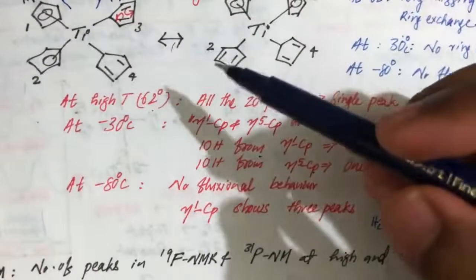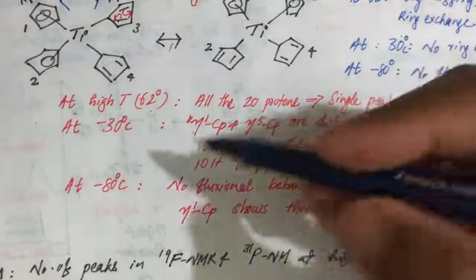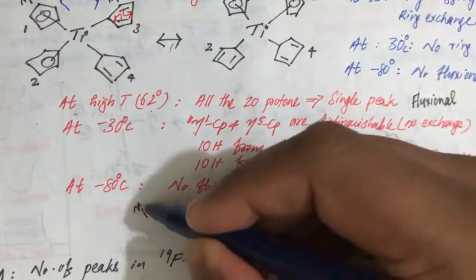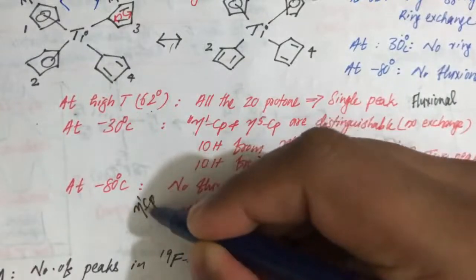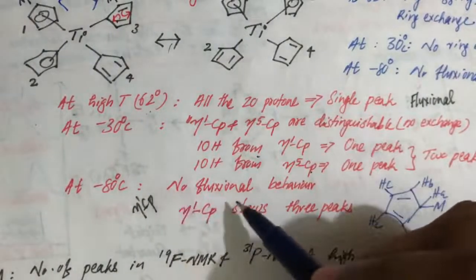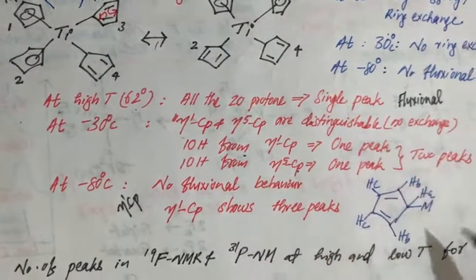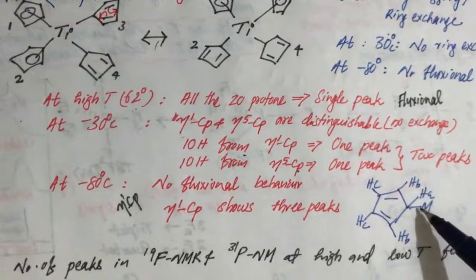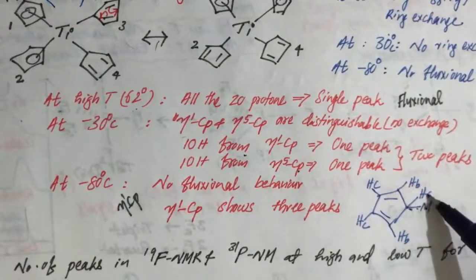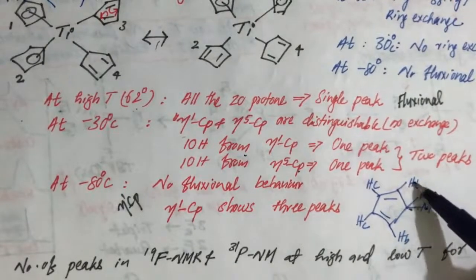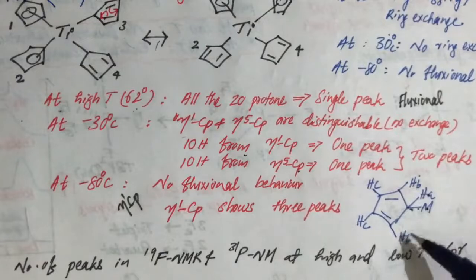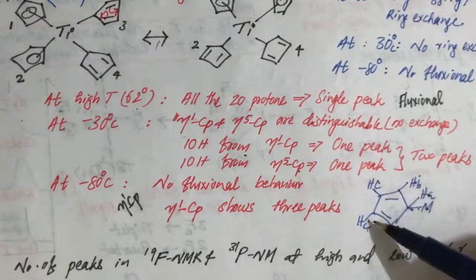So in the case of eta 1 Cp, as we mentioned earlier, you can distinguish all the protons present in the eta 1 Cp, that is, this is bonded to the metal, and this is one kind of HA proton, these two protons are another kind, and these HC protons are another kind.